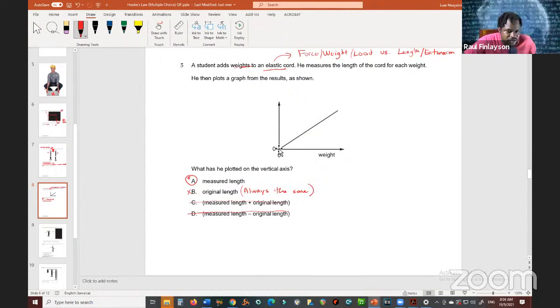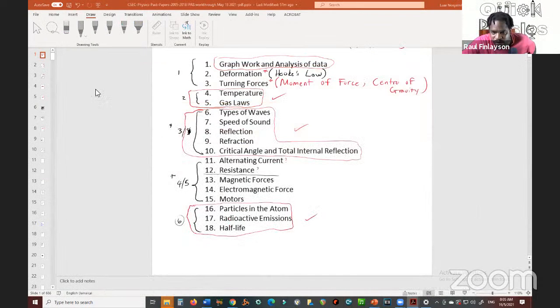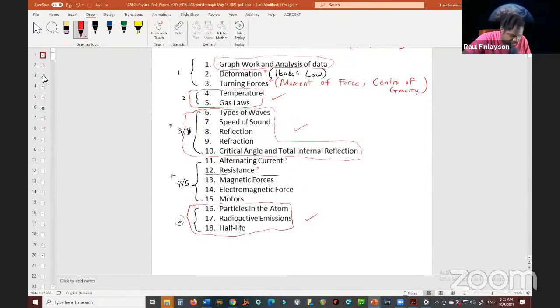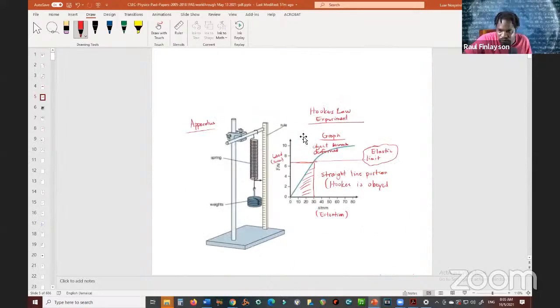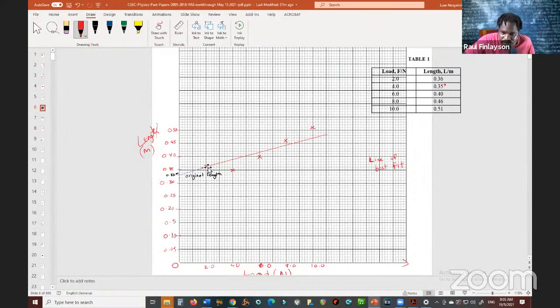If he had measured the length of the elastic card before, then he wouldn't start from 0, and the graph would look kind of like what we got. If we go back to our graph in the previous class, I want to show you something. You realize that this graph didn't start at 0, because he actually measured the increase in the length of the card.